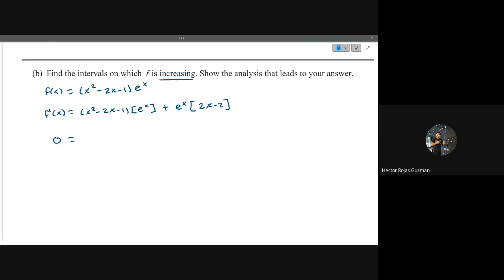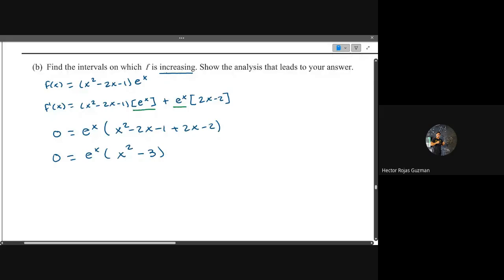But you've got to get a little clever here, because if you just try to solve it the way it is right now, it's going to be very, very hard. The trick here is to factor out an e to the x, leaving us with x squared minus 2x minus 1 plus 2x minus 2. The 2x's cancel each other out, leaving us with x squared minus 3.